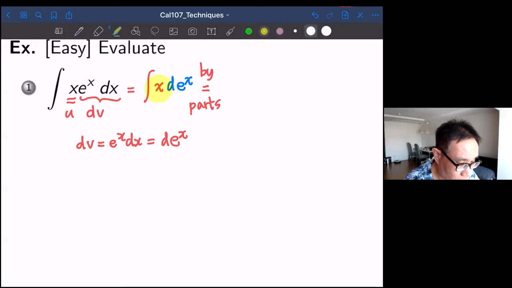So you have uv, and it's easier to see. This one is x e to the x, and you have minus the integral of v, which is e to the x, and du, which is dx.